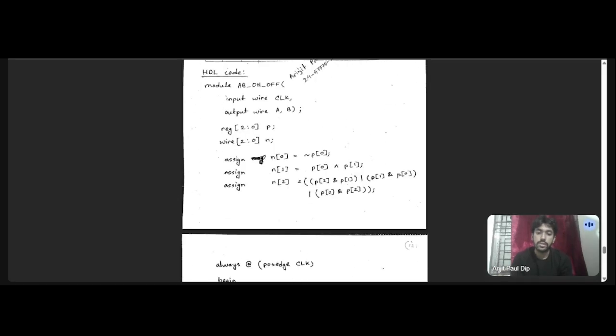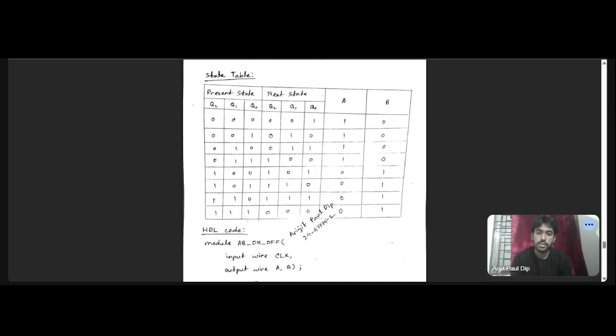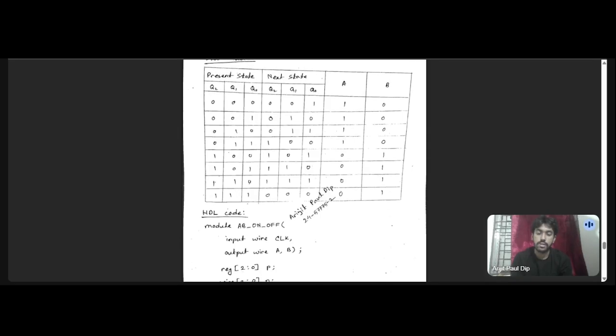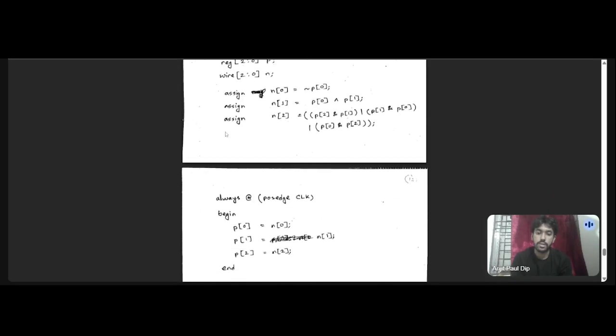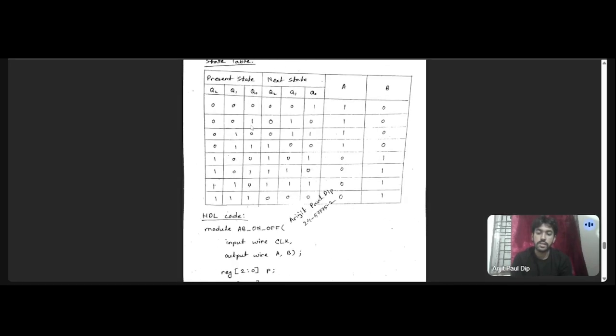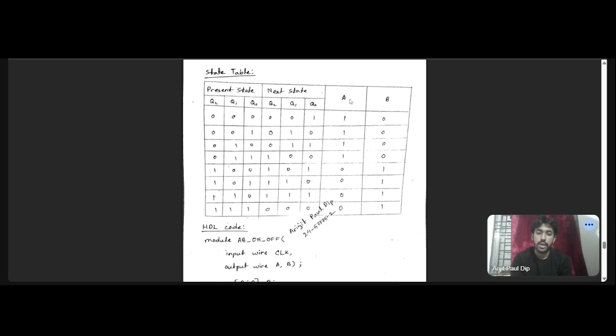All the equations were generated from this state table, which is so simple because we can just see these two outputs from this table, because A is only 1 when q2 is 0, and B is only 1 when q2 equals to 1.